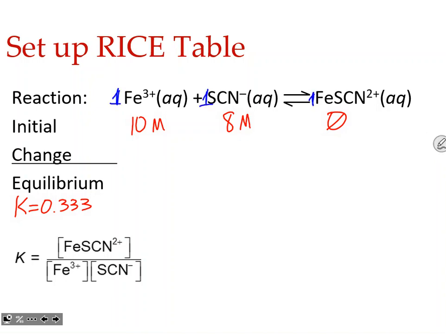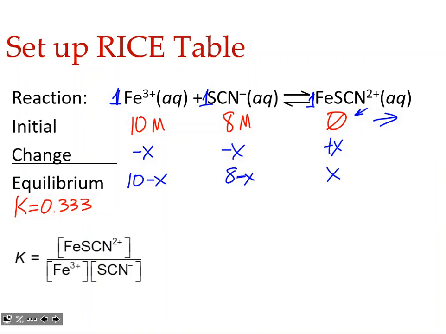And we're starting out with 0 product, so we know it's going to proceed to the right to make products here, so we know the direction. So this is minus X, this is minus X, this is going to be plus X. Now we have 10 minus X, 8 minus X, and X over here.